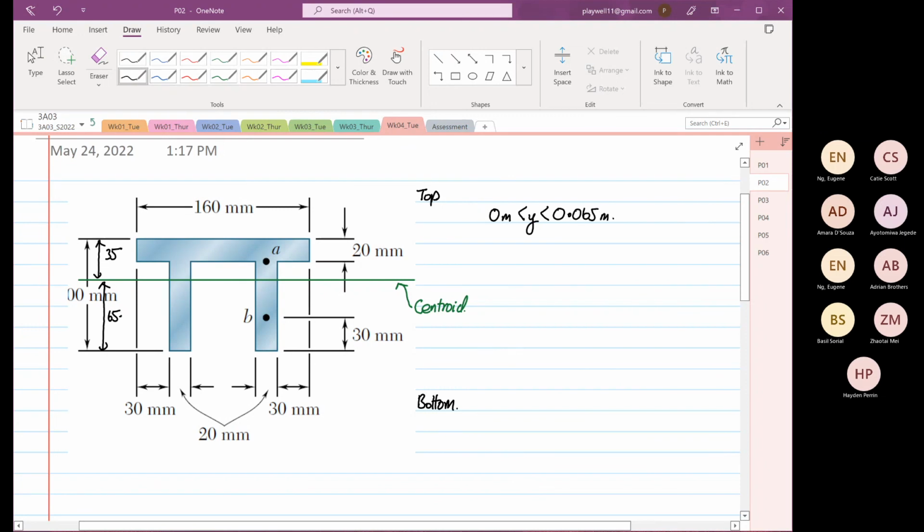Okay, so you ask me, Eugene, then now where is our y? Okay, so if this is the area, or this is where your y is, for example, this is our y now, right? Then this is the area that you want to consider.